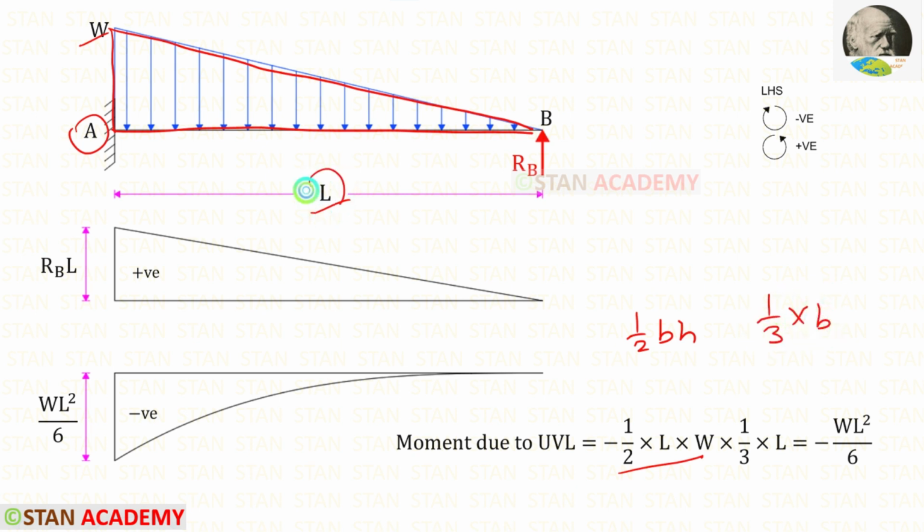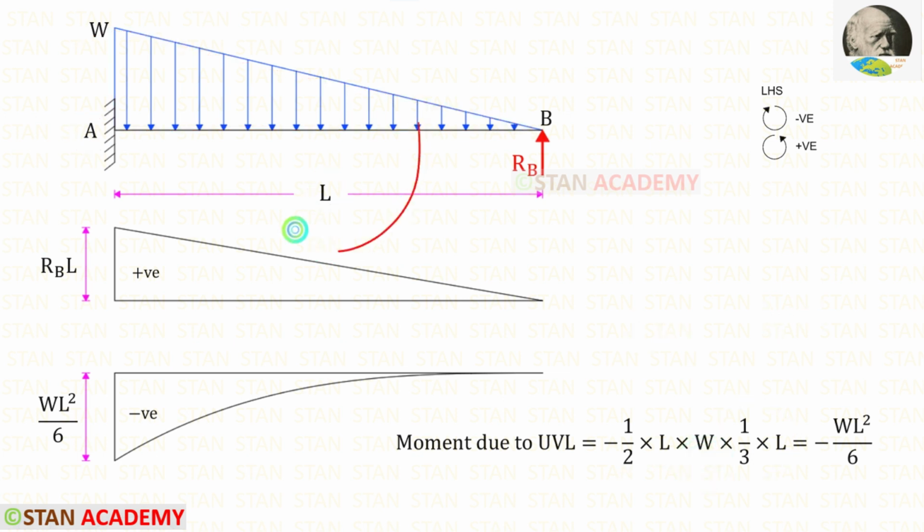Here the breadth is L. So 1 upon 3 into L. The UVL is acting in the clockwise direction so that the moment will be negative. For the moment due to UVL, we will get minus WL square upon 6. The diagram will be in the shape of a parabola.